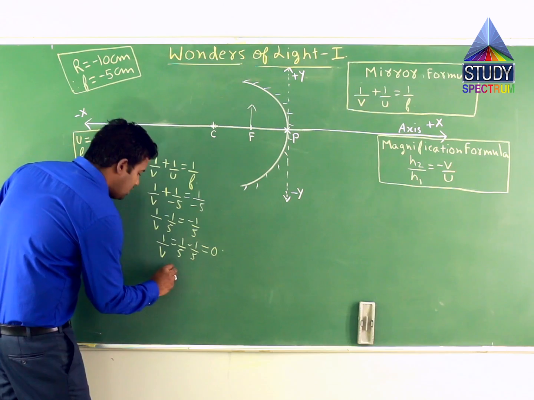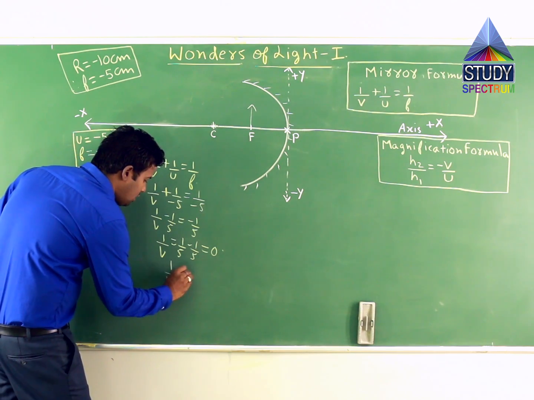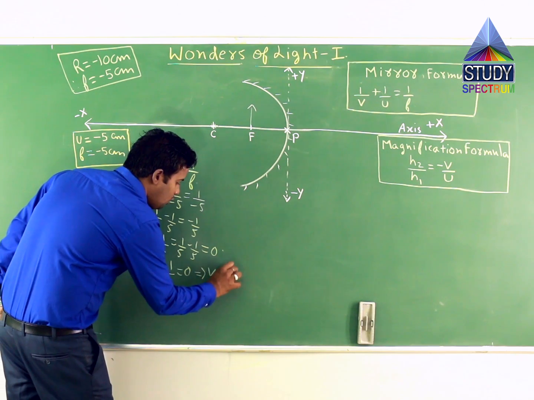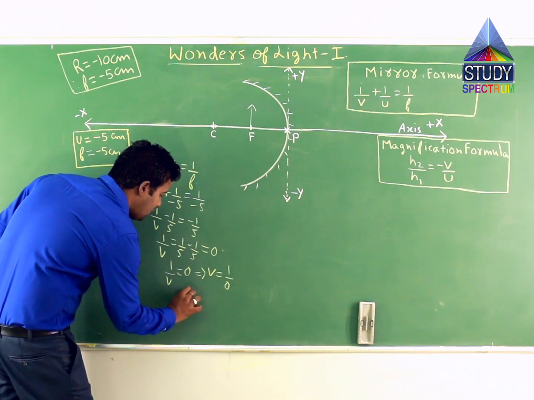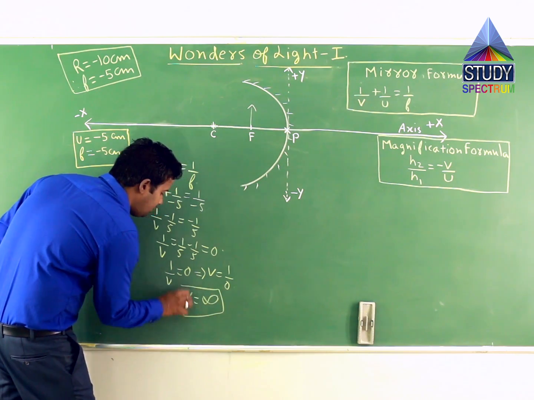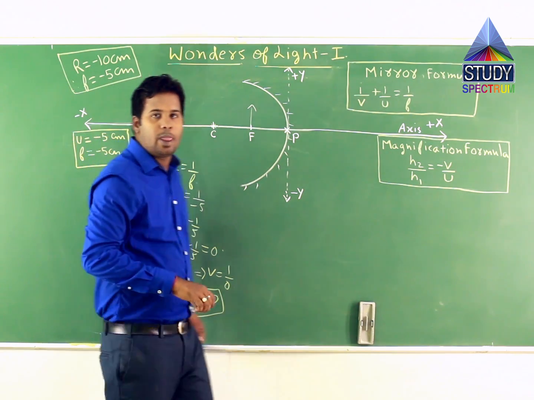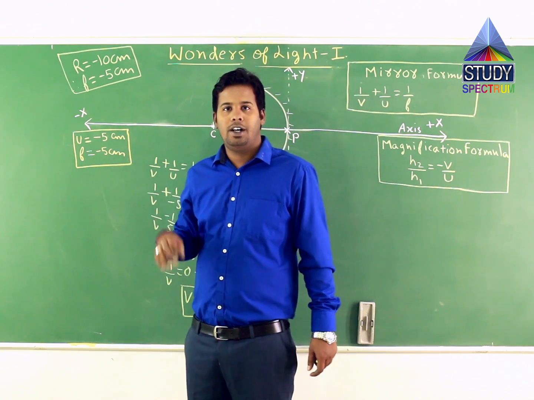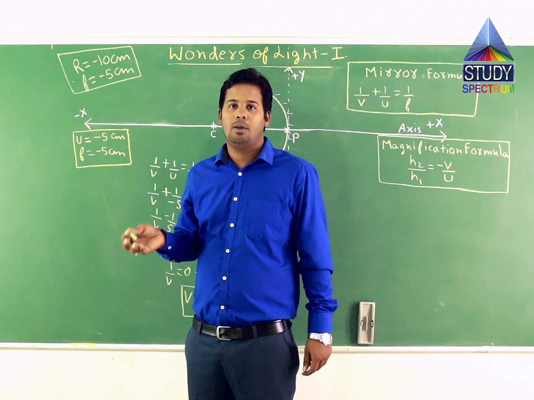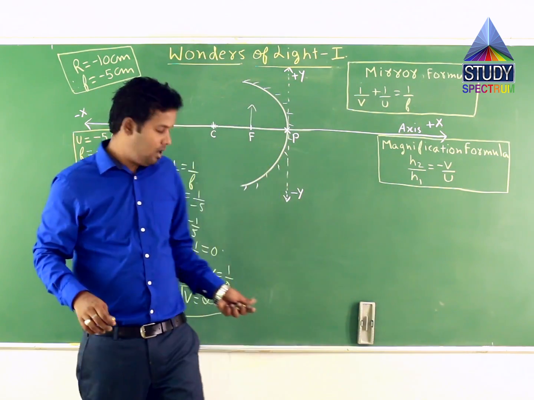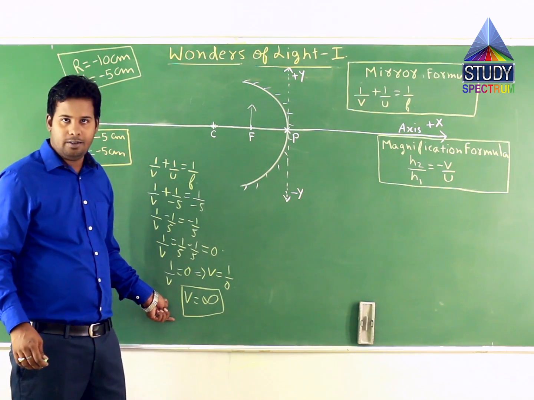It means since 1 by V is 0, V is equal to 1 by 0, or we can write V is equal to infinity. Correct? If you remember, any number upon infinity is 0, it means any number upon 0 will be infinity. And that is what is coming out to be here, V is equal to infinity.